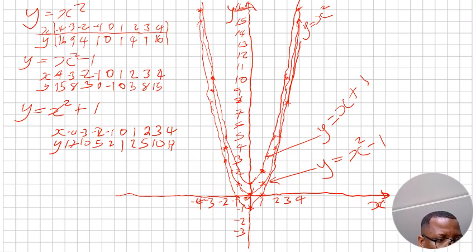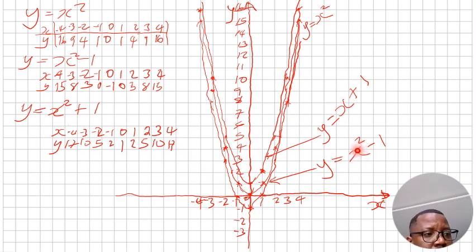Okay, so let's see. If we see, we have three graphs. Y is equal to x squared. Actually, it's y is equal to x squared plus 1. The third is y is equal to x squared minus 1.